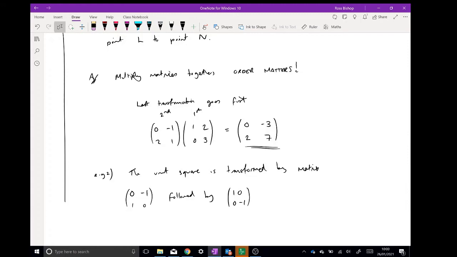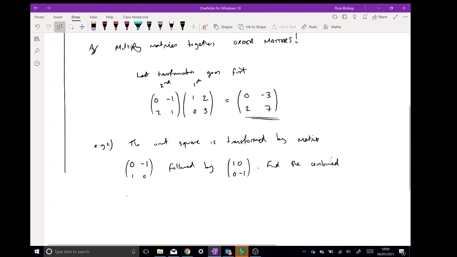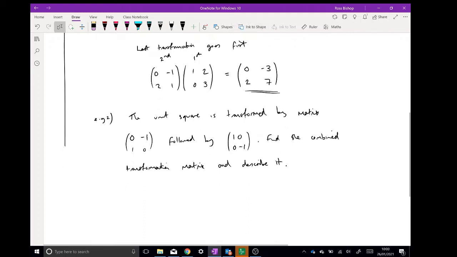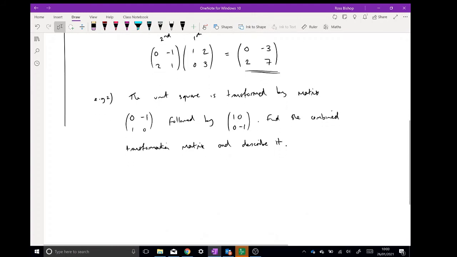Okay, the unit square is that matrix followed by that matrix. Find the combined transformation matrix and describe it.